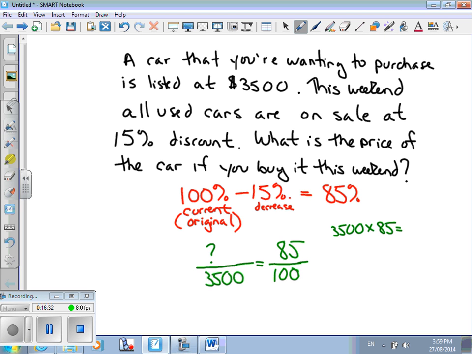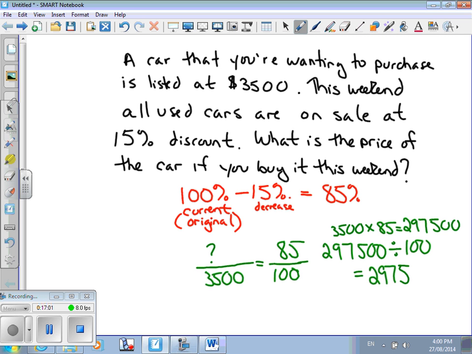Let's get an answer on that. Is 2,975,000. And then we have to take the 2,975,000 and divide that by 100, and we'll get a final answer of 2,975.